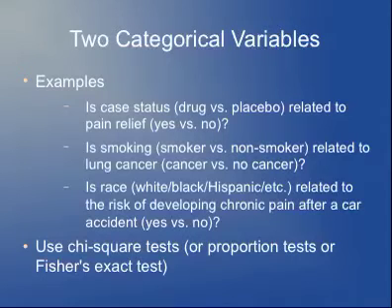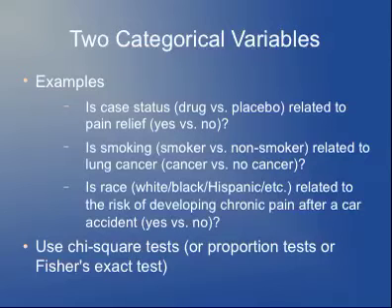So, a quick overview: if you have two categorical variables and you want to know is there an association between the two, say you have a drug and you have one group that gets the drug, one that gets a placebo, and you want to know if they experience pain relief, yes or no. That's two categorical variables.